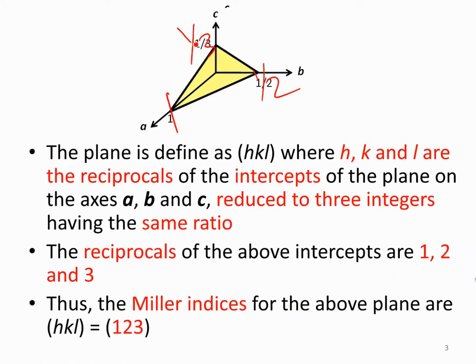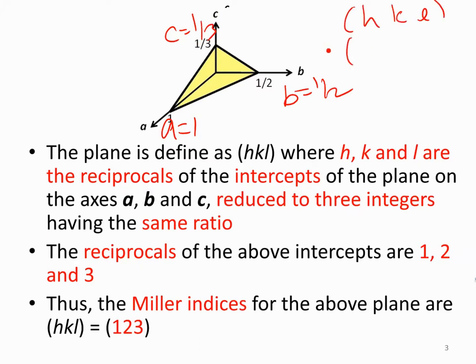The plane is defined as (HKL), where HKL are the reciprocals of the intercepts of the plane on the axes a, b, c, reduced to 3 integers having the same ratio. a equals 1, b equals half, c equals 1 over 3. So for the Miller index (HKL), you write 1 over a, 1 over b.